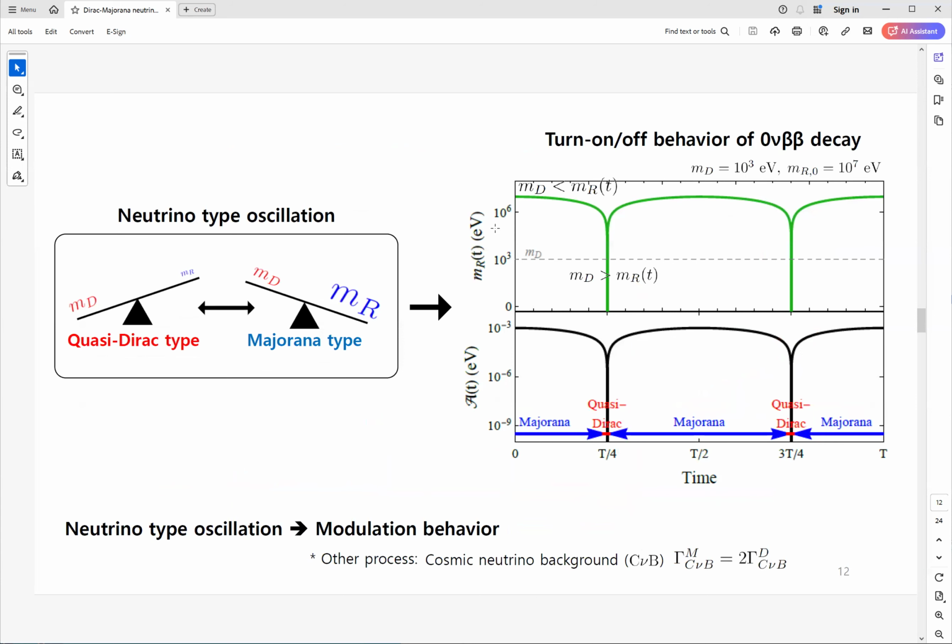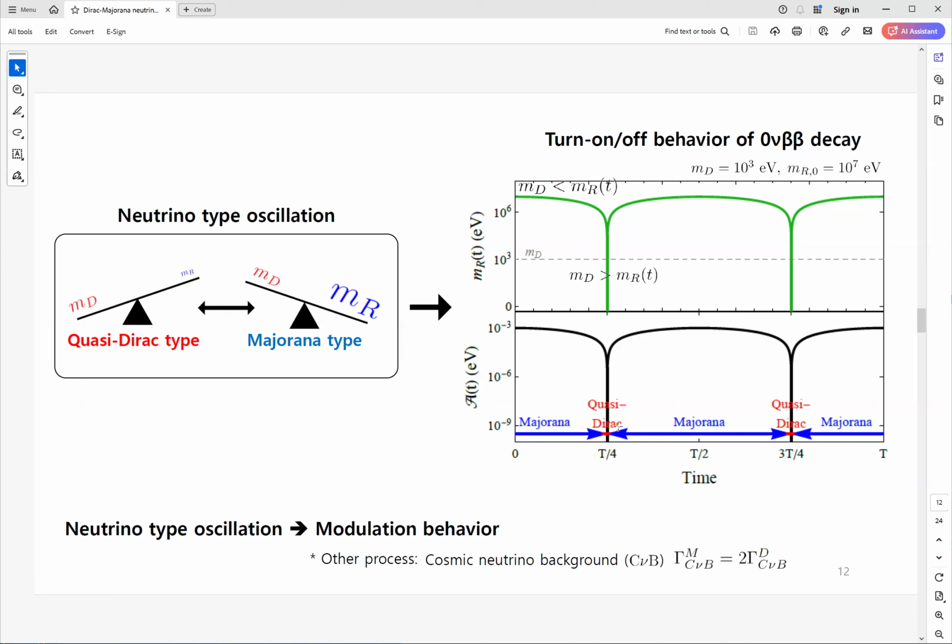So if there are neutrino type oscillations induced by the wave dark matter, then we can observe the turn on and turn off behaviors of neutrinoless double beta decay. The green curve is the Majorana mass term that oscillates, and if the Majorana mass term is smaller than the Dirac mass term, the neutrino type becomes the pseudo-Dirac type, and neutrinoless double beta decay is strongly suppressed.